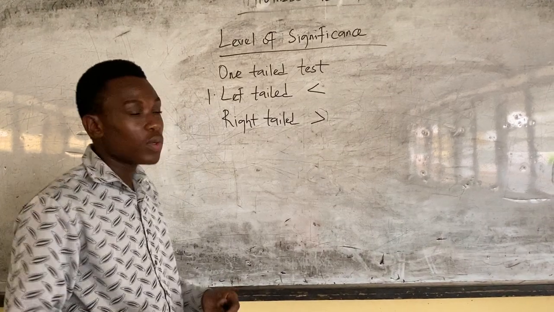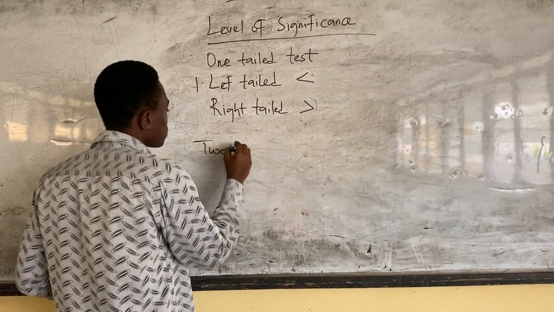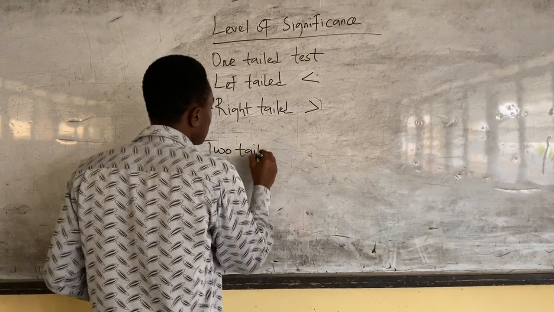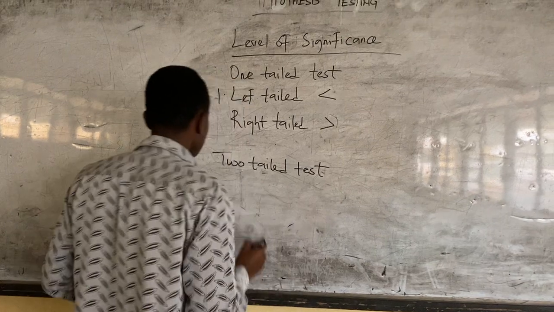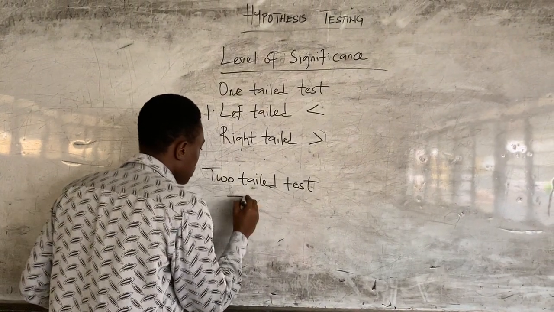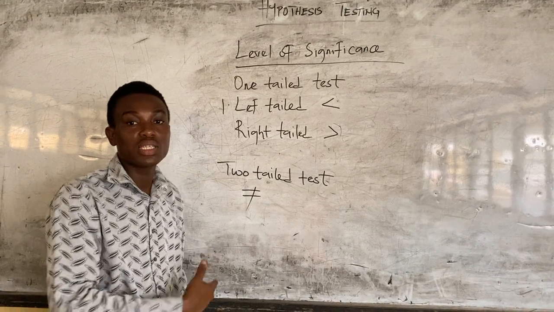Then we have the two-tailed test. And with the two-tailed test, the not equal to operation is used.